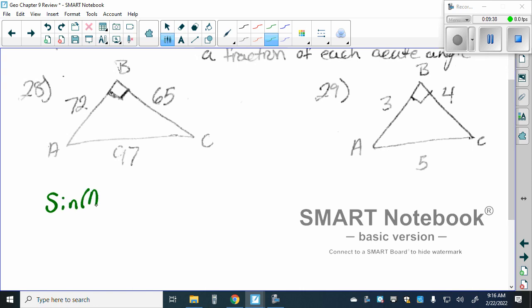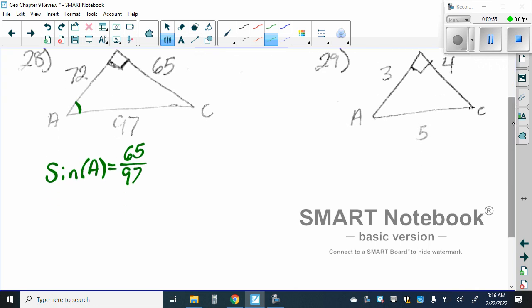So sine of A. We're looking at sine of angle A. Well, it's opposite over hypotenuse. The opposite side for A is, and the hypotenuse is 97. Cosine of A would be the adjacent side over the hypotenuse.